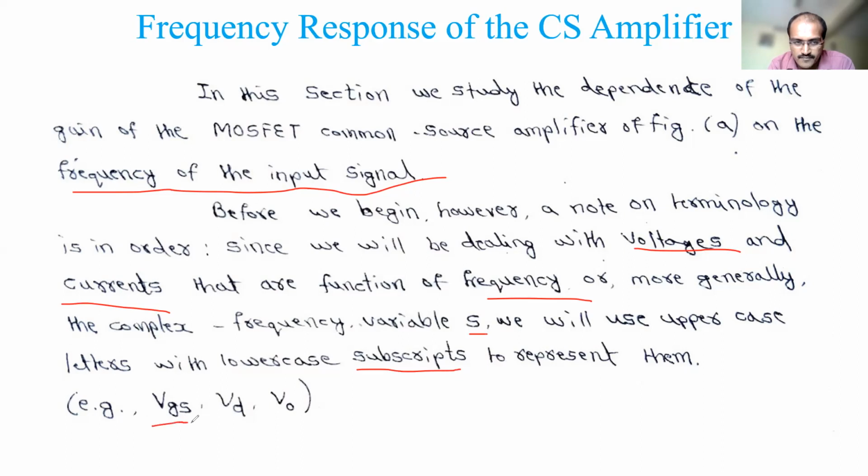Like Vgs, V is capital and gs is small; Vd, the drain voltage; Vo, the output voltage. There is not much difference from small signal notation, so don't confuse it with that.